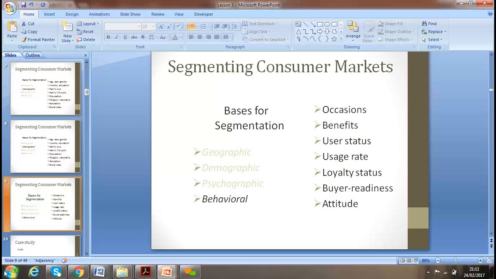Next, look at behavior. We can segment on the basis of benefit, user status, usage rate, loyalty status, buyer readiness and attitudes. Like on Christmas, we charge more.